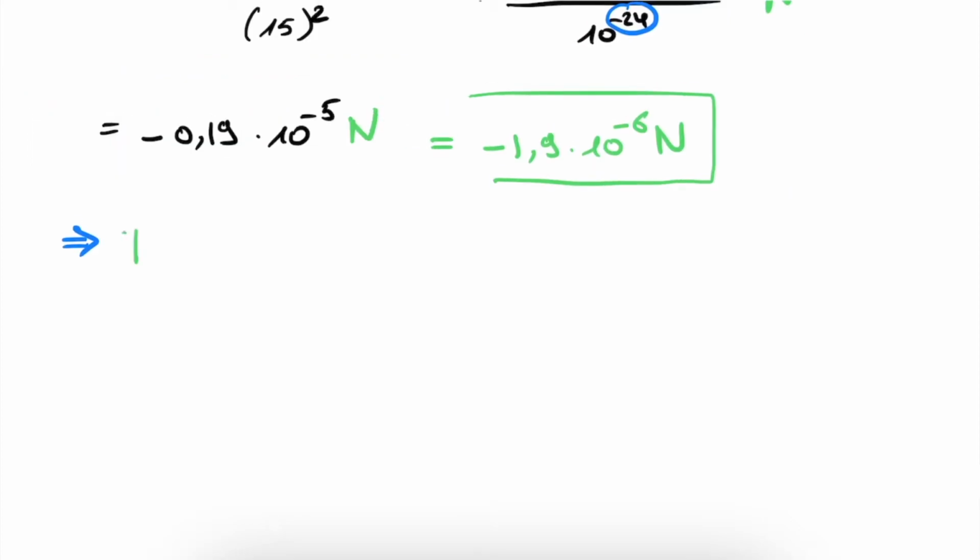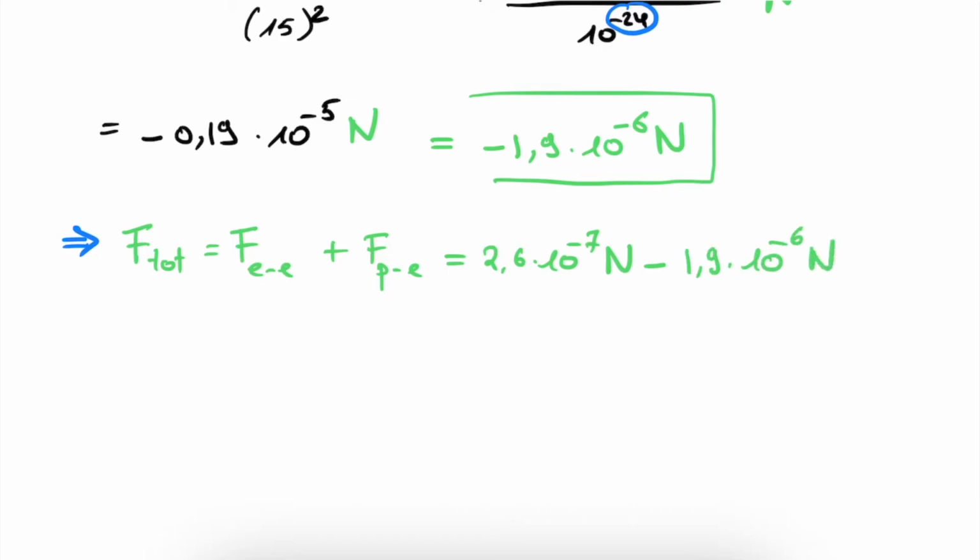So we get the total F is equal to the force between the electron-electron plus the force between the nucleus and the electron, which is equal to 2.6 times 10 to the minus 7 Newton minus 1.9 times 10 to the minus 6 Newton. And of course, this minus sign comes from the fact that we have an attractive force.